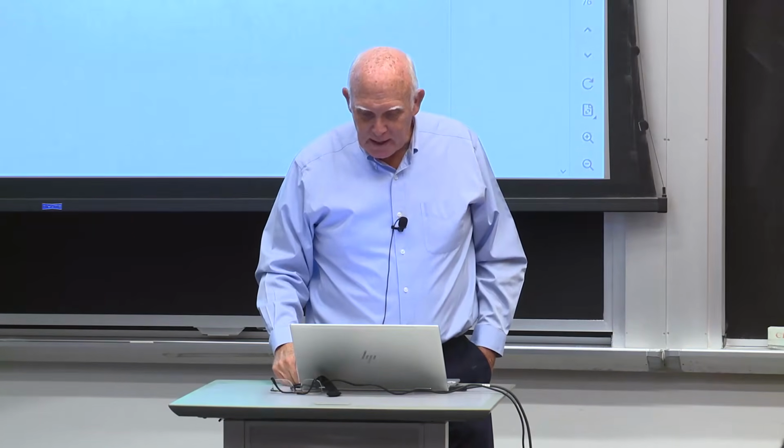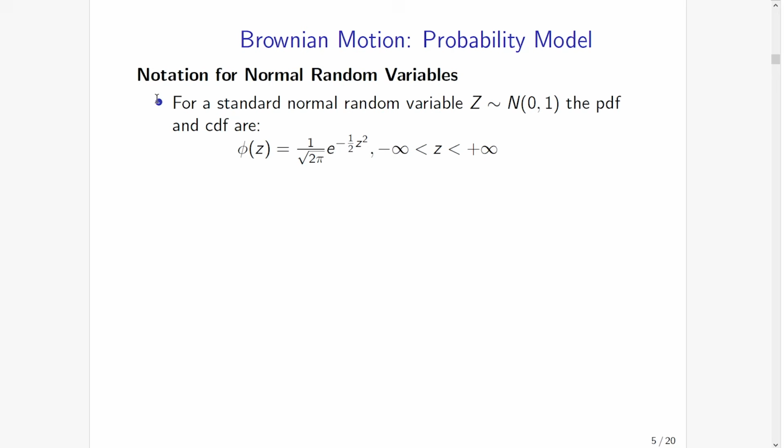And so in order to work with these models, we'll find it convenient to introduce the notation for normal random variables. If we have Z be a standard normal, that is a normal distribution with mean 0 and standard deviation 1, then the probability density function is given by this formula.